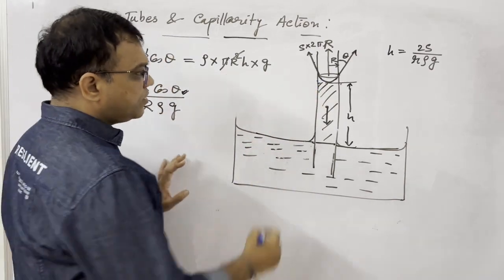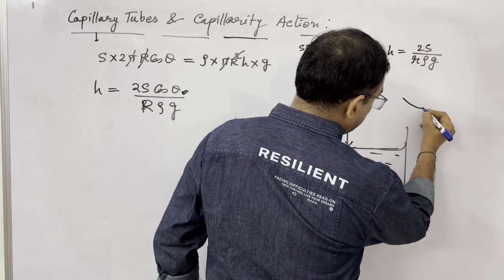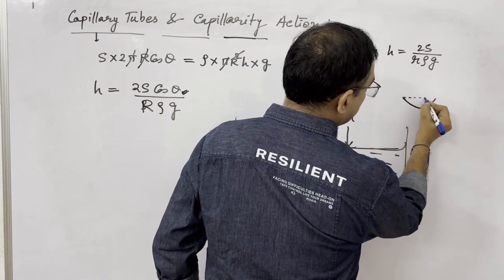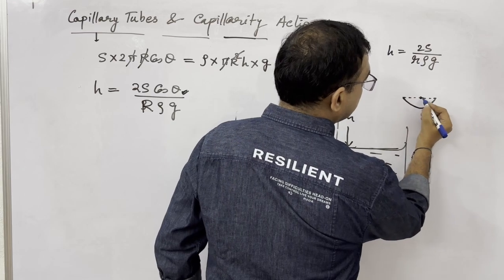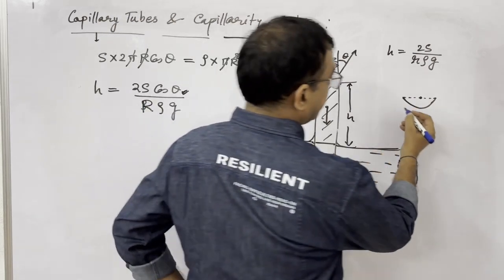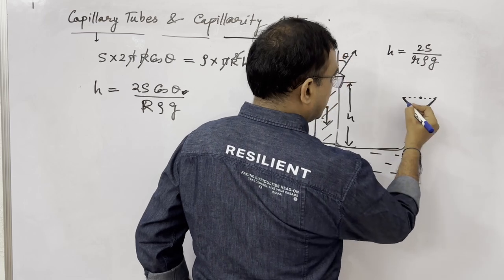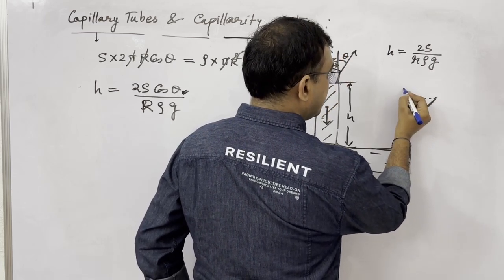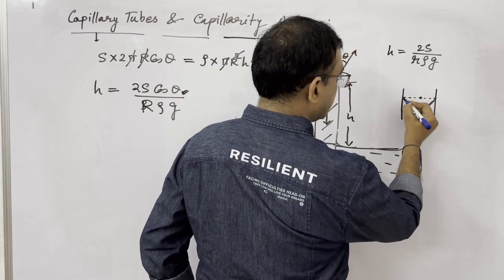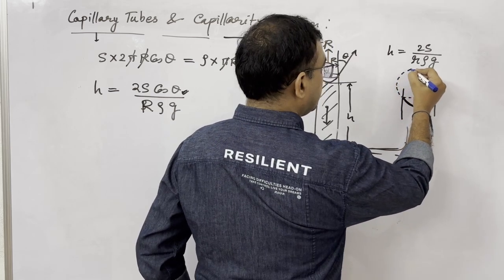Now, if I draw a separate diagram, meniscus is coming like this way. This distance is r, radius of this tube is r. Now, this meniscus, if I make a complete bubble drop, it is coming like this.